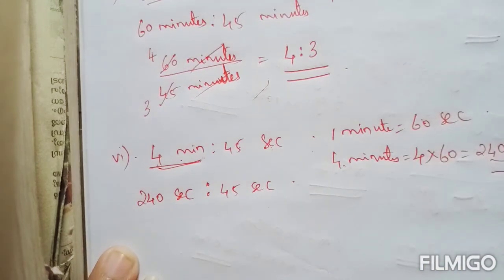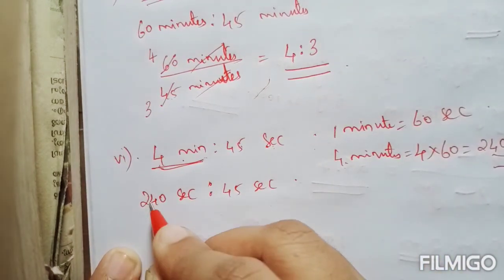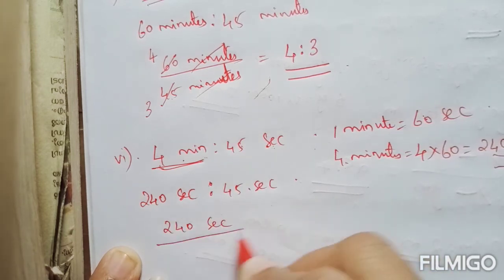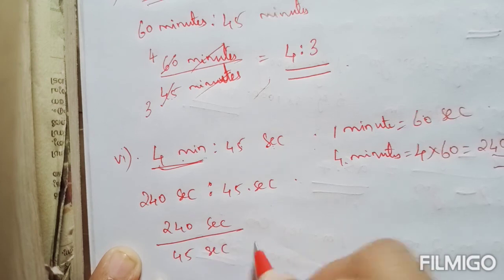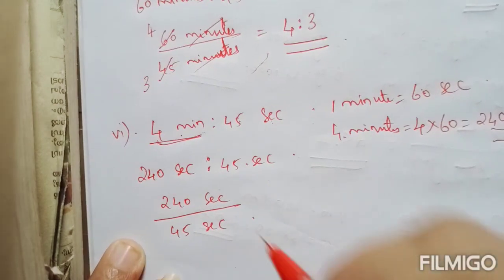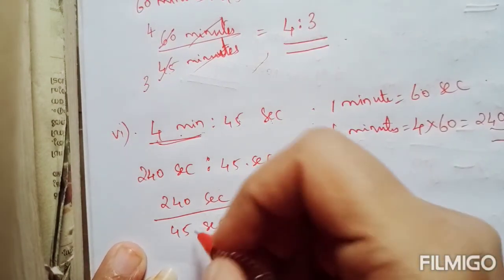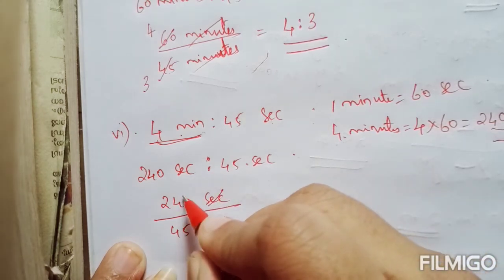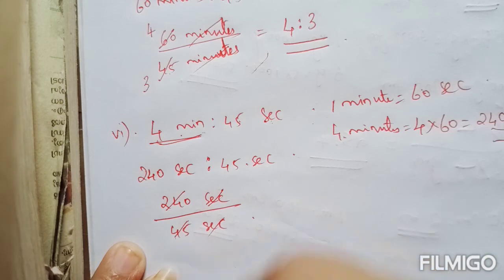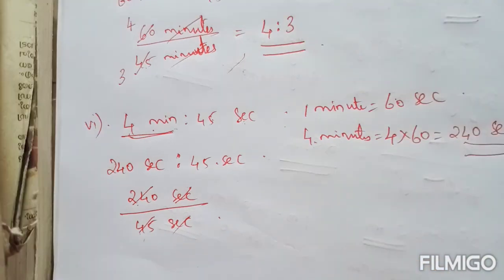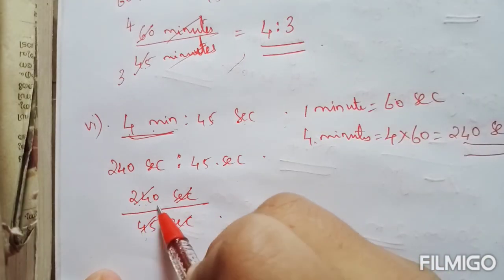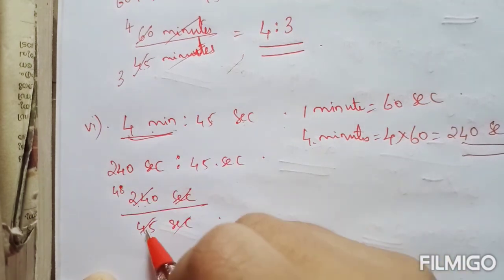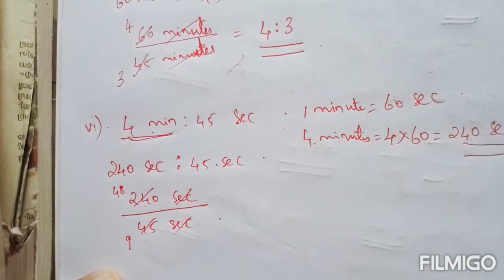Now in order to find the ratio, just divide the first quantity by the second quantity. 240 second by 45 second. Now we can write this in lowest term. Second we can cancel. 240 and 45 both will go in 5. 240 divided by 5 is 48, 45 divided by 5 is 9.